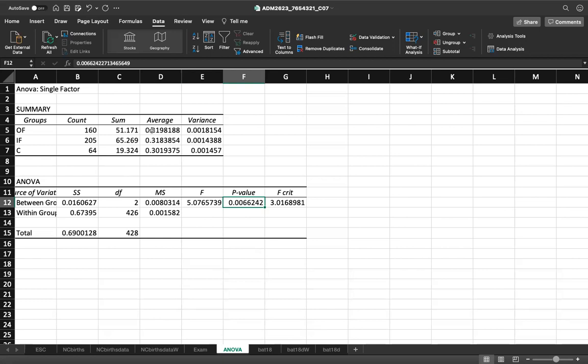And let's look at, so if it is significant, then there are 3 possibilities. So let's look at what's happening. Where is the difference coming from?